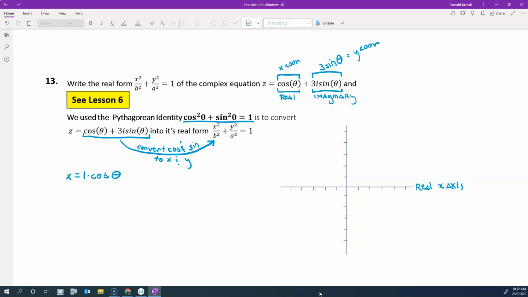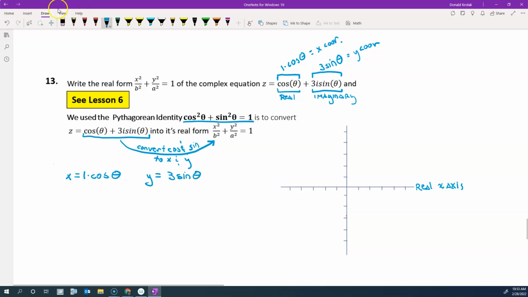Even though it's not written, there's a 1. 1 times cosine is the x-coordinate. Over here I'm going to write y equals 3 sine theta.